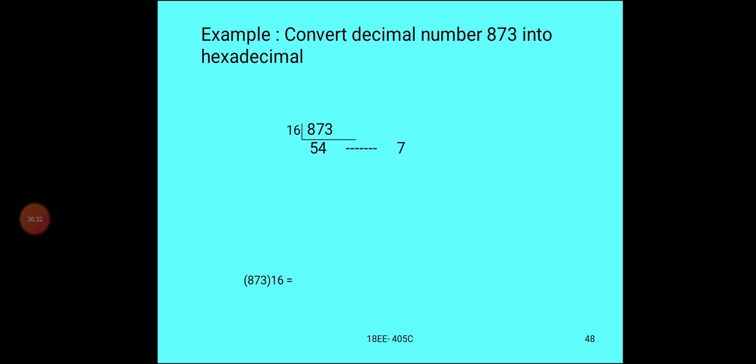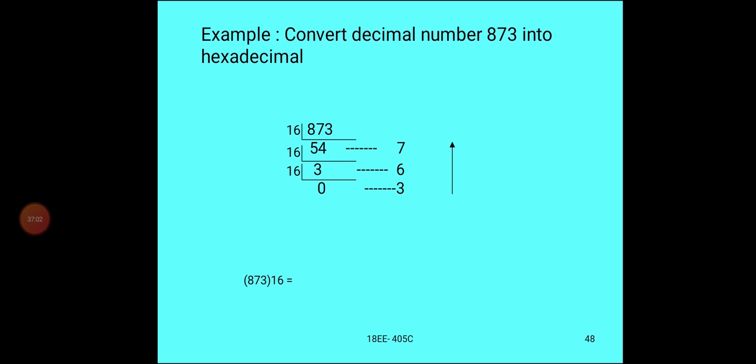Here 873 is divided by 16. We get quotient 54, remainder 7. 54 again divided by 16. Quotient is 3, remainder is 6. Again dividing 3 by 16, we get remainder 3, quotient is 0.